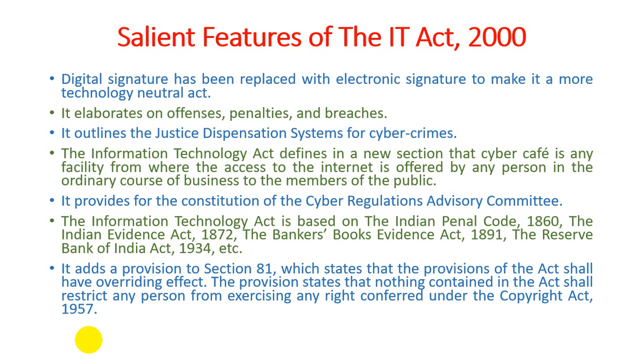It adds a provision to Section 81, which states that the provisions of the Act shall have overriding effect. The provision states that nothing contained in the Act shall restrict any person from exercising any rights conferred under the Copyright Act 1957. And what is copyright? We will discuss it in a later unit.